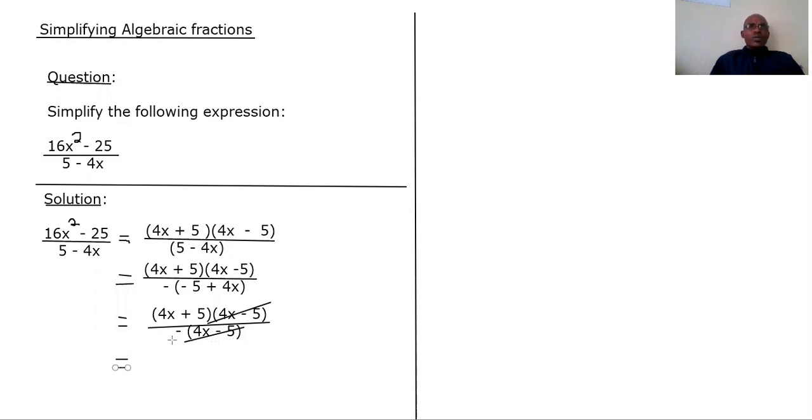What only changes is the operation. So it's positive divided by negative. We are going to come up with what? Negative. Which means our bracket becomes what? Negative.